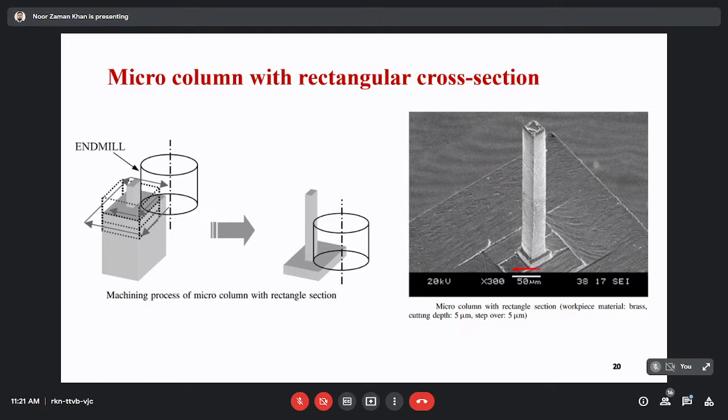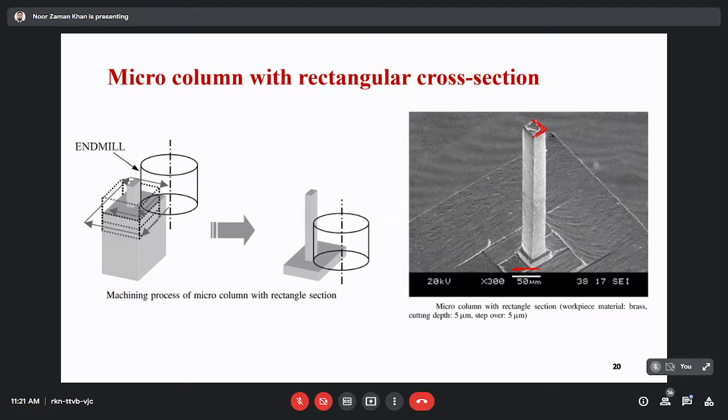So it means the size of this rectangular column is around 30 micrometer by 30 micrometer. This base was cut with a cutting depth of 5 micrometer, and again the next 5 micrometer step over, until the desired size is achieved.